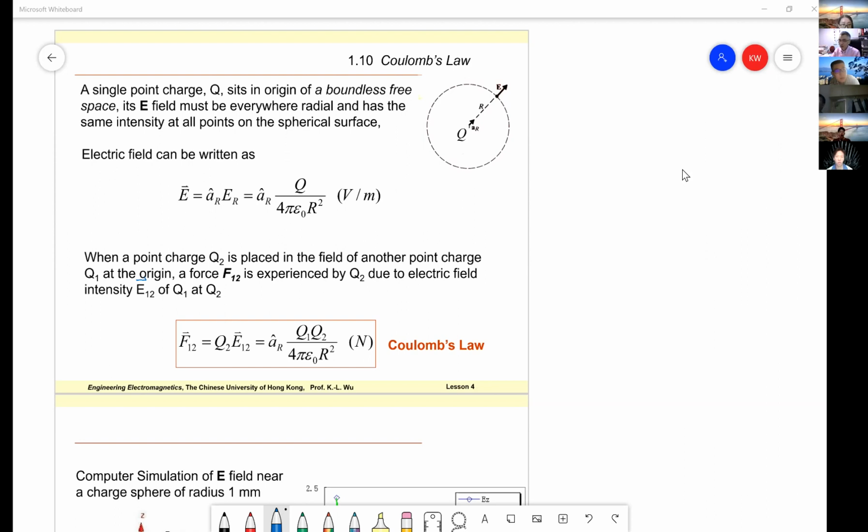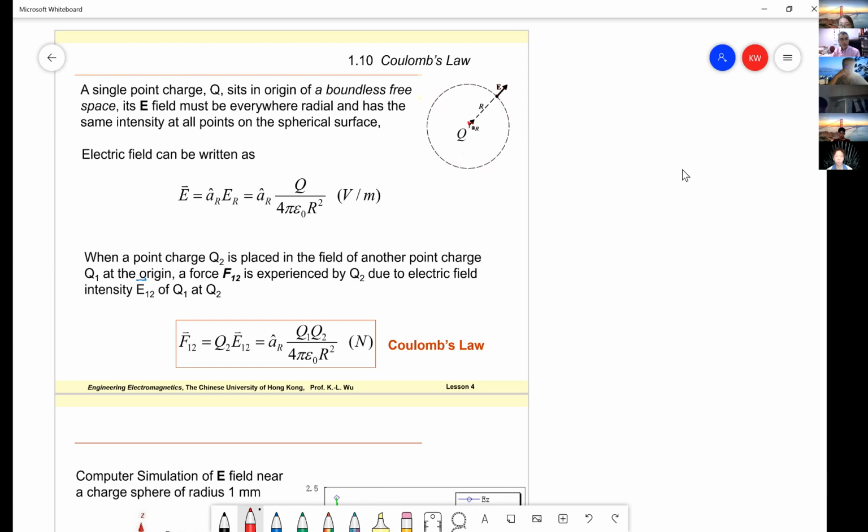What Coulomb's law says is, if we put a charge somewhere in the space, that means a static electrical field. Then we expect to see electrical field lines go outward, right?